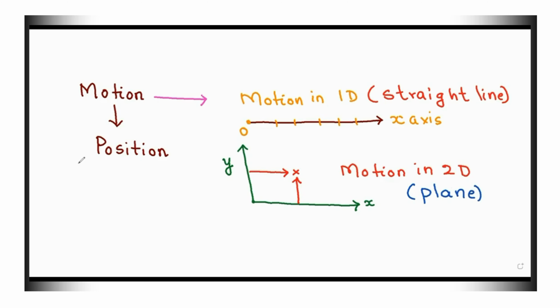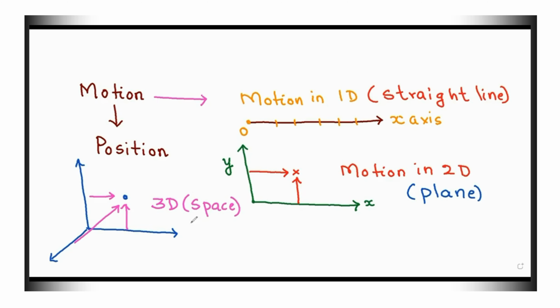Now, if we take the corner of a room, and there is a fly in the room, the position of the fly can be explained only by how much from X, how much from Y, and how much from Z. This type of motion, we call 3-dimensional motion, or motion in space.